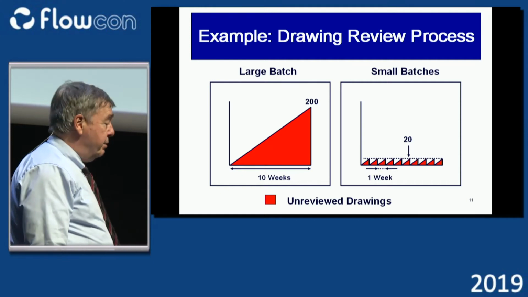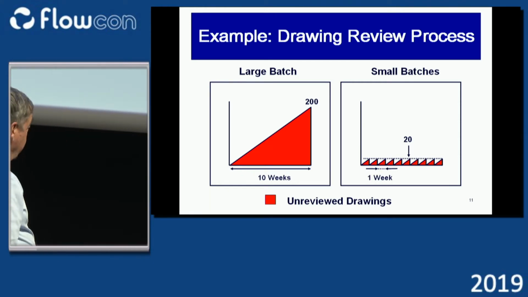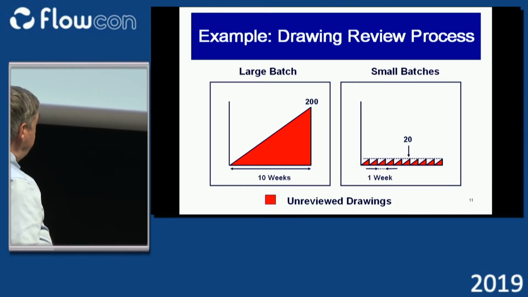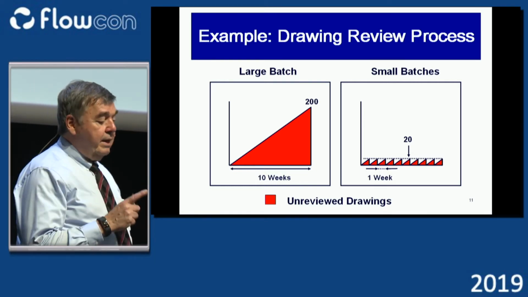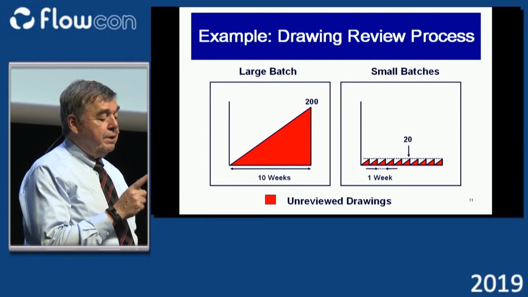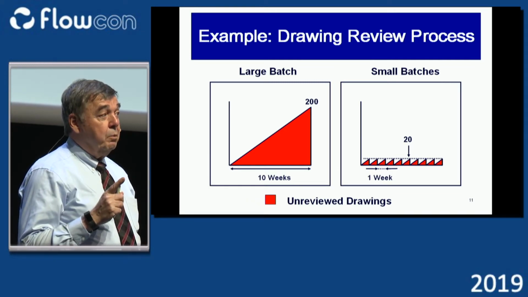Your time on the critical path improves too. In the left-hand process, the drawing review is on the critical path for 10 weeks. In the right-hand process, drawing review is only on the critical path for 1 week. So you've cut the time, which is what you would expect if inventory went down. Most of you know Little's formula: reduce inventory by a factor of 10, you improve cycle time by a factor of 10.